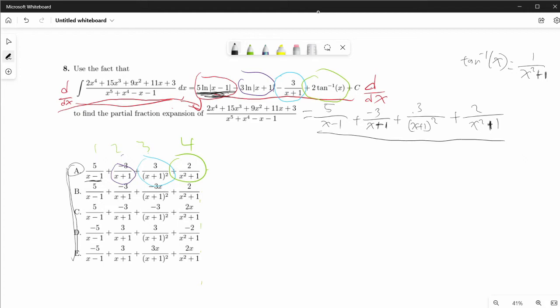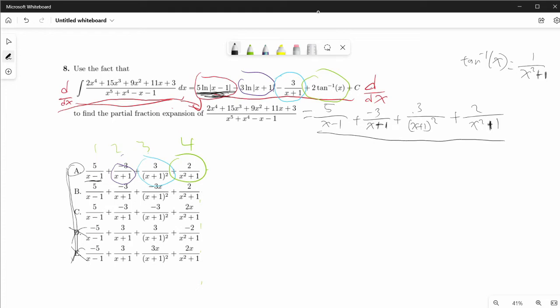So now I can just do a process of elimination, right? If I take the derivative of this, it would be 5 over x minus 1. So immediately I can cross out D and E. Same thing with the second term. It's negative 3, which should remain, so A, B, C still remain.